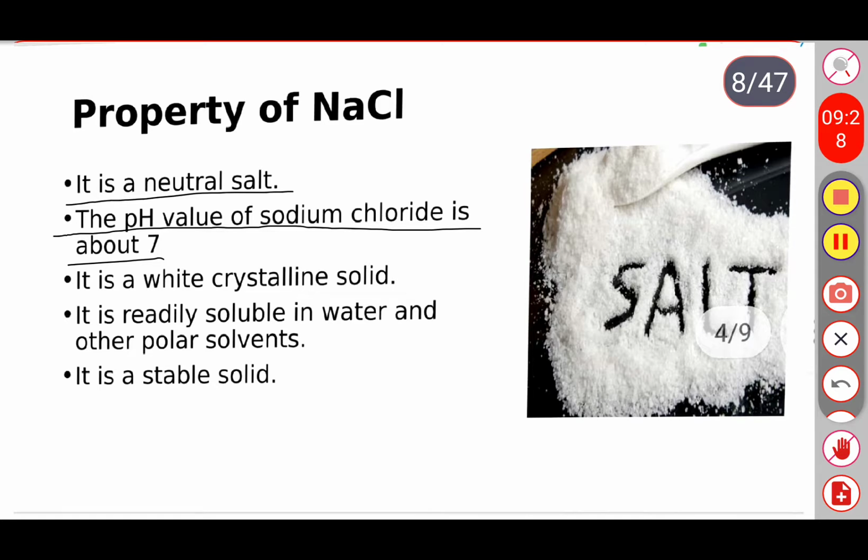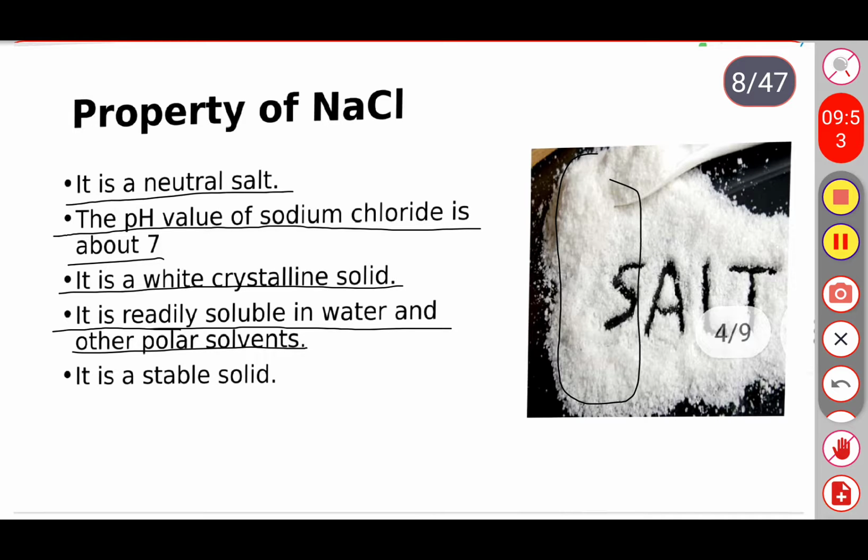It is a white crystalline solid, as we already discussed in the previous slide. The basic form of NaCl is white crystalline. By adding some impurities, the color will change from white to brownish. And next one, it is readily soluble in water and other polar solvents.